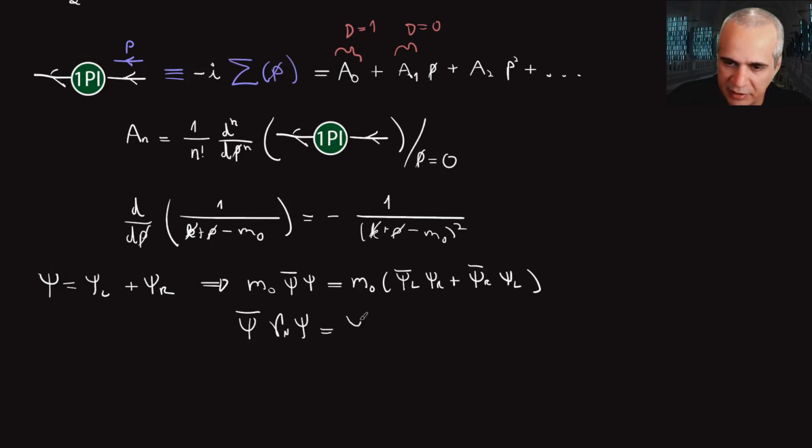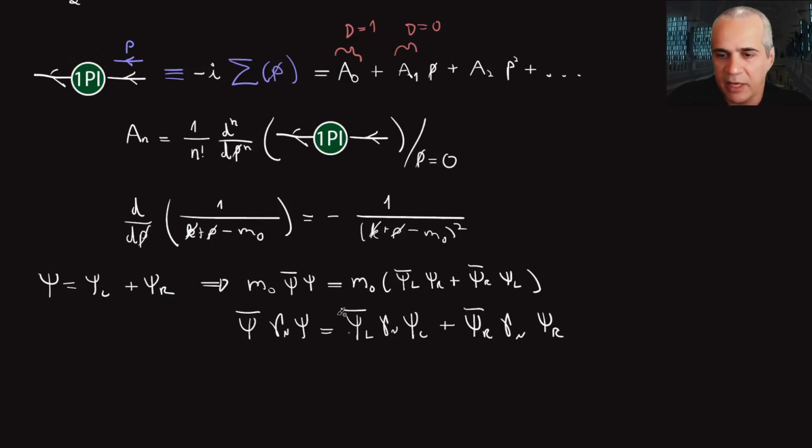This can be written as psi bar L gamma mu psi L plus psi bar R gamma mu psi R. This is true both for the kinetic term and the interaction in QED, right? That's the same form for both. In one of them I have del slash, and the other one I have a slash. But it's the same form.